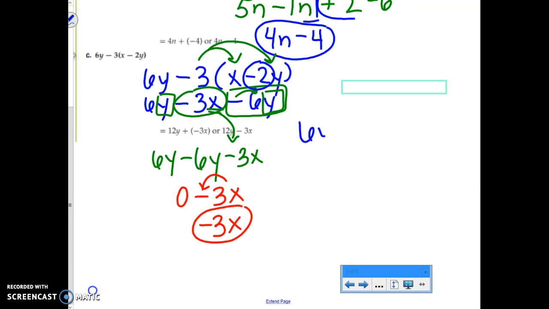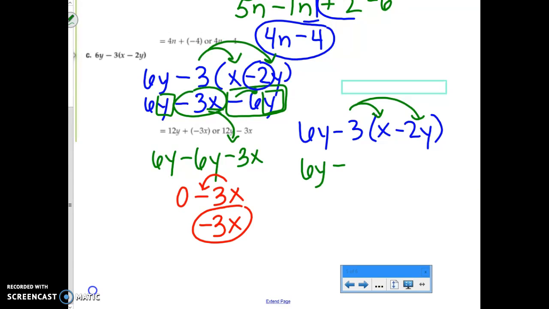So I really get 6y minus 3 times x minus 2y. Okay? So when I distribute, please, again, make sure, I tell you all the time, and then here I made the same mistake. So let me be your lesson that you need to make sure: 6y, a negative 3 times a positive x gives you a negative 3x.